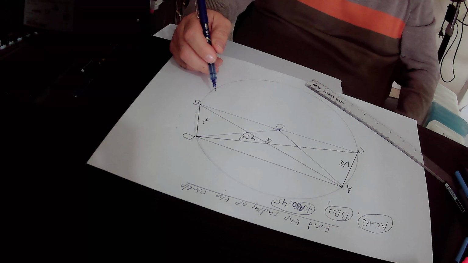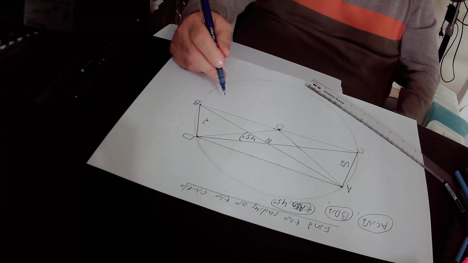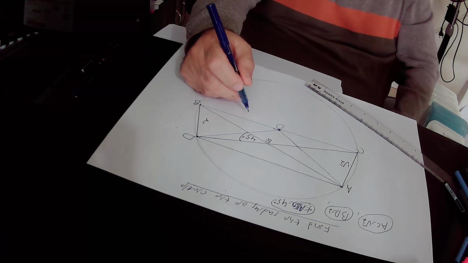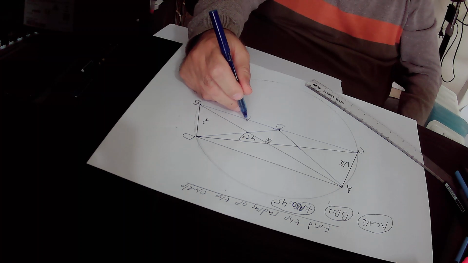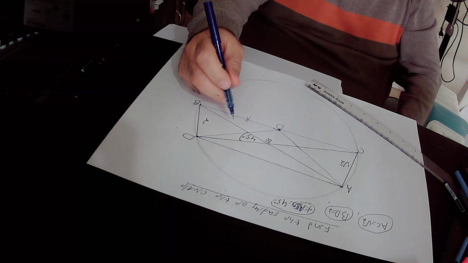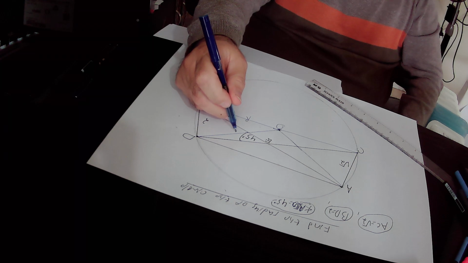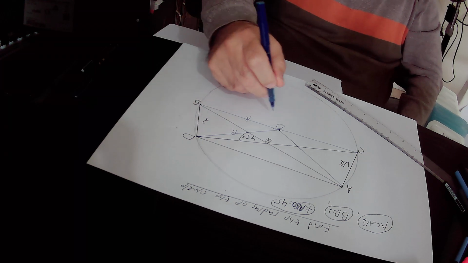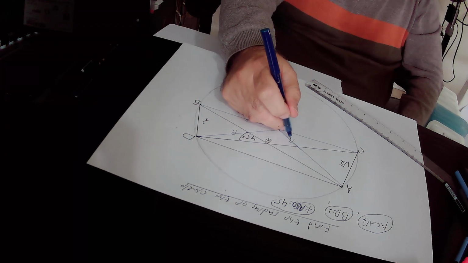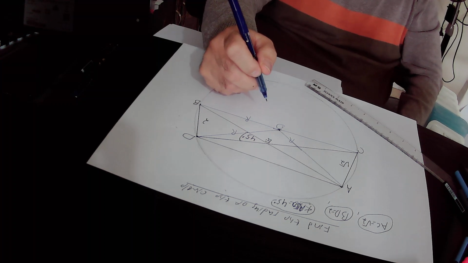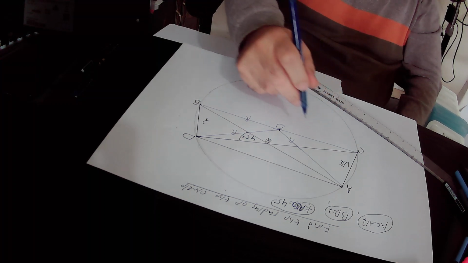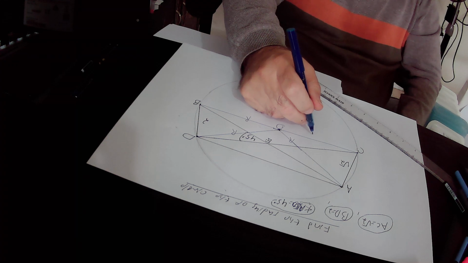OB is the radius of this circle, so we define the radius as capital R. OB is capital R, OD is also capital R, OA equals capital R, and finally OC is also the radius of the circle, equal to capital R.